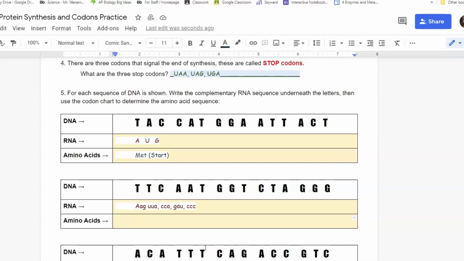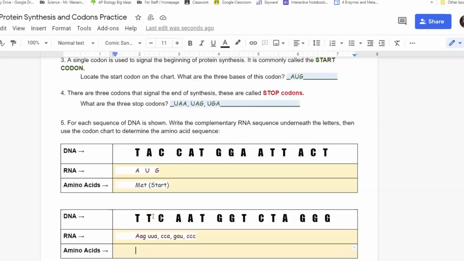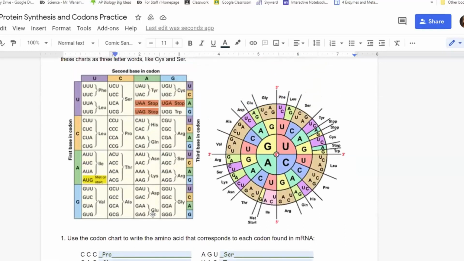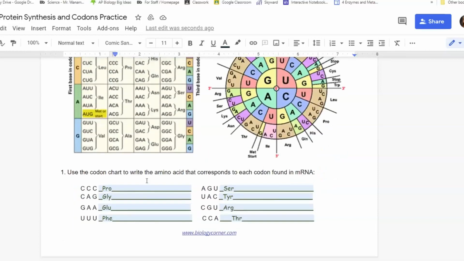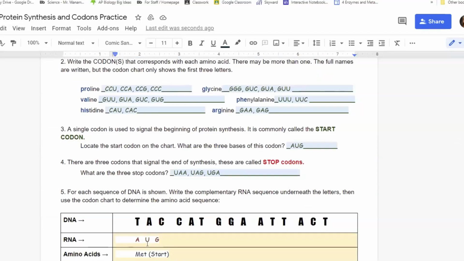It's methionine. AAA, it's LEU, or I don't know all the full words. LEU, leucine. Yeah, you don't need to know the words. It's fine.